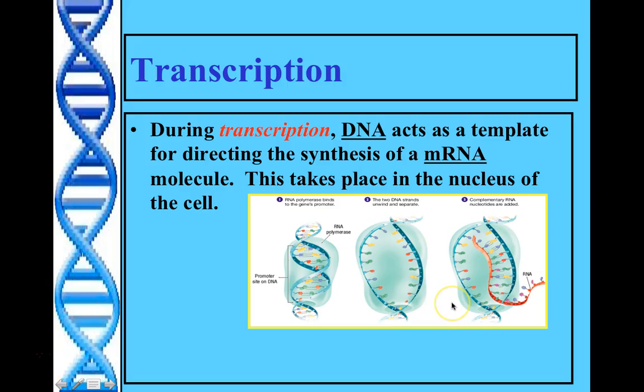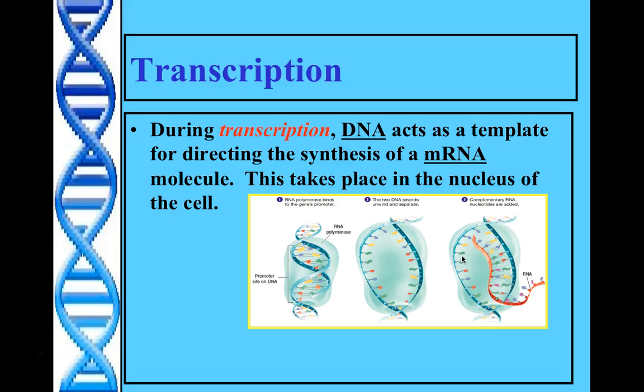Now we have our RNA molecule coming in and adding those complementary base pairs, but remember, A bonding with U, T bonding with A, C bonding with G, and G bonding with C until the message is complete, and that ends transcription.